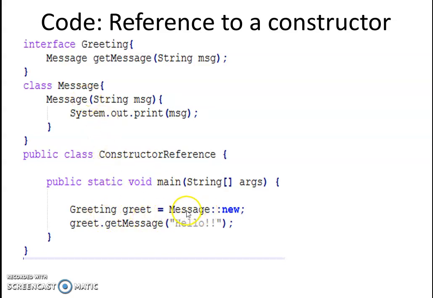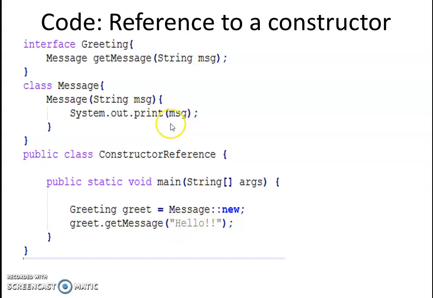So syntax as we discussed, we write the class name. Here class name is Message and we are referring to this constructor using the new keyword, right? So here we are creating a reference of this interface Greeting named greet, and we are referring to the constructor of this class, right? So when we invoke greet.getMessage with hello, it will print hello, right?